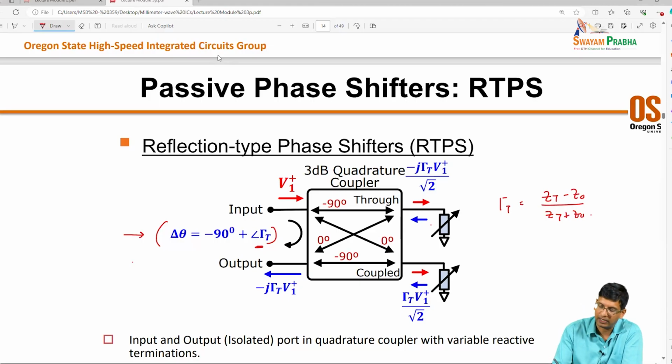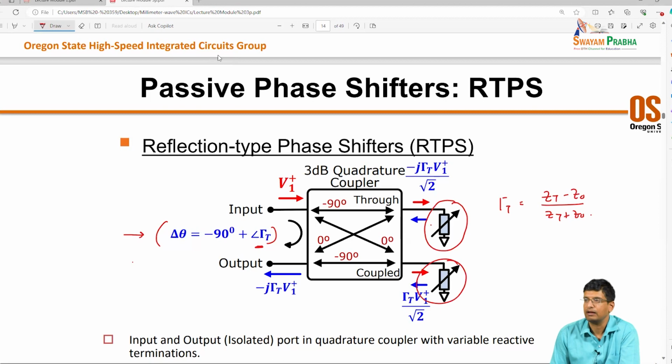So if you are able to vary this load, right, then typically when you vary a load, you change the match, right? Because if I just directly did this, if I try to attach this to my output, when I change the load, I'd be changing the match. But in this case, you change this gamma t, but you are still keeping your input and output matched. The only thing that's happening is that from input to output, you are getting a phase shift that is controlled by that reflection coefficient.